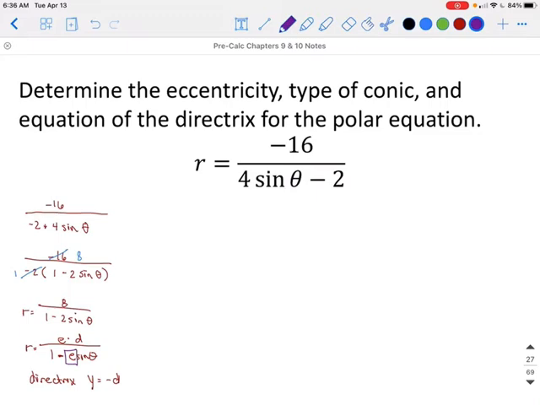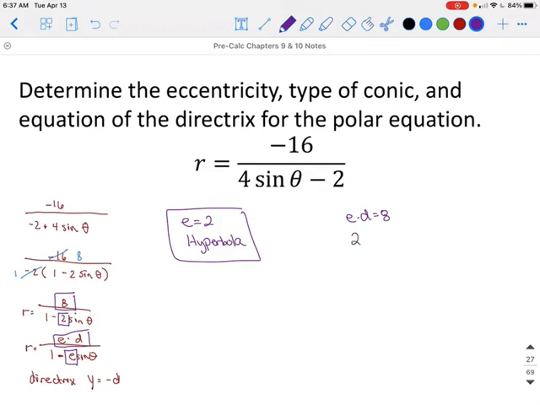So let's identify what we know. The value in front of the sine is your e, or your eccentricity. So we know that e is equal to 2. Because the e value is greater than 1, we know this is a hyperbola. Now we know that e times d is equal to your numerator, so e times d is equal to 8.